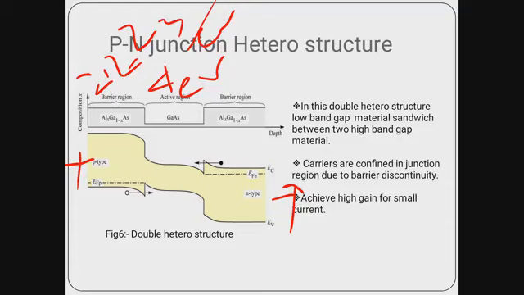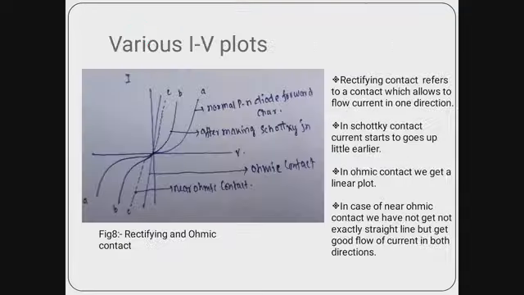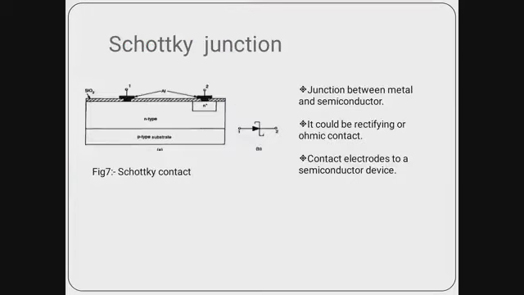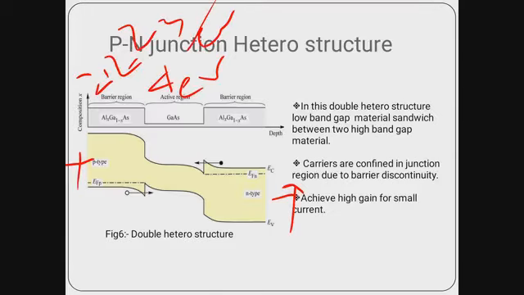Due to this barrier, we are getting some amount of discontinuity over here, over here, over here, over here. So when the discontinuity occurs, the carrier confinement also becomes large.